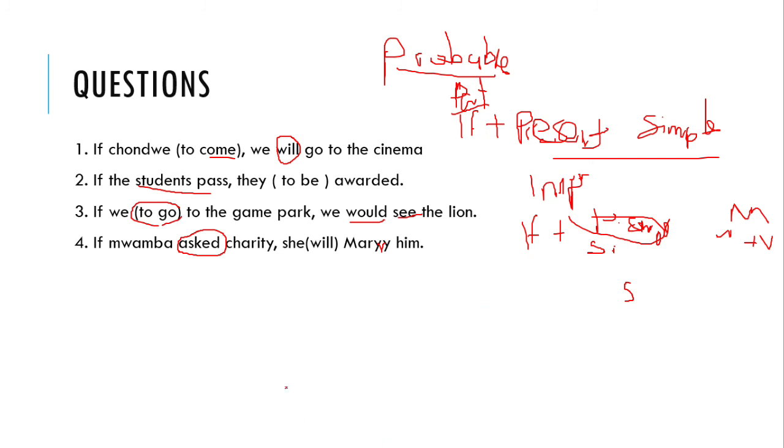Instead of you saying, if Mwamba asked Charity, she would marry him, you will put, if Mwamba asked Charity, she would have married him. Where are you getting the have? So stick to the pattern. Please, I emphasize, stick to the pattern always.